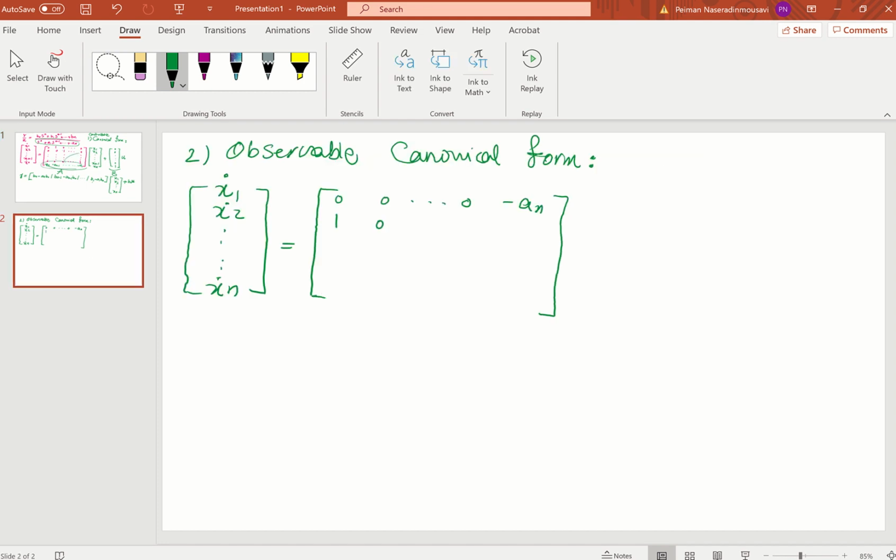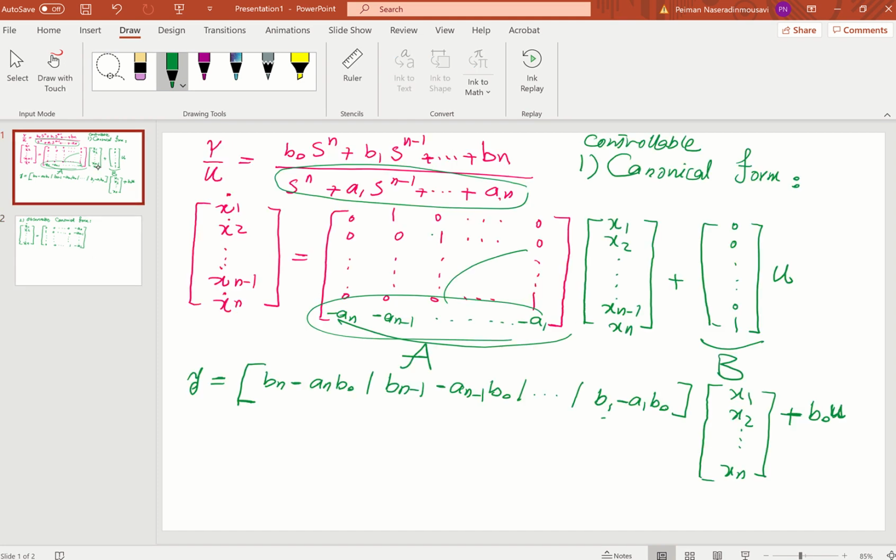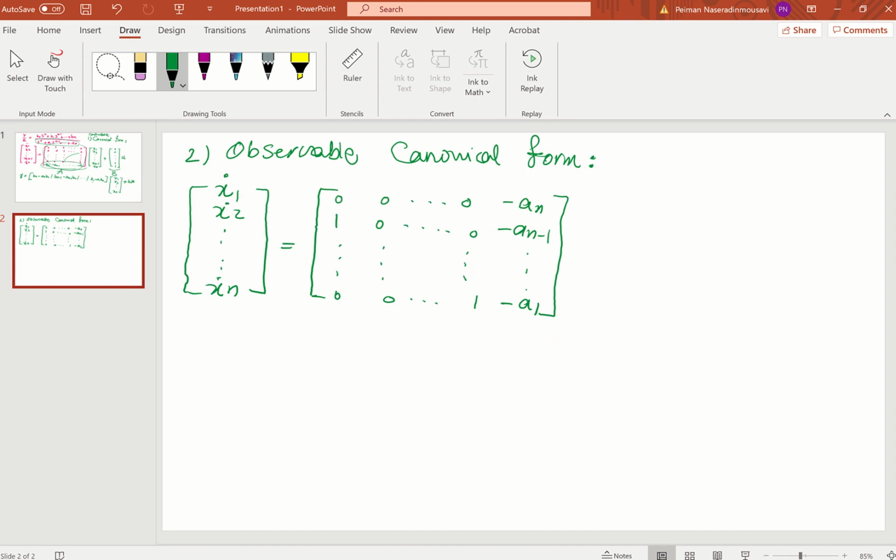So 1, 0, 0 minus A minus 1, and so on, down to 0, 0, 1. If you exactly transpose this matrix, you're gonna get that one, right? And in the state variables x1, x2, and xn.